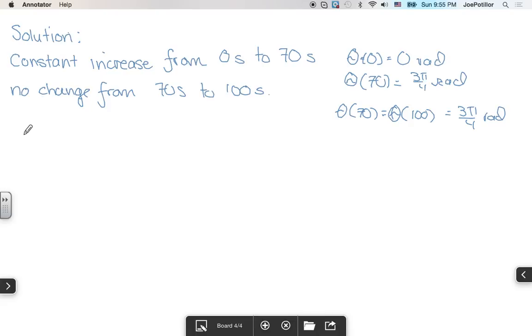So the angular velocity measured from 0 to 70 seconds is, of course, the change in the angle over the change in time, which is 0 to 70 seconds. So this is going to be 3 pi over 4 minus 0 over 70 minus 0.